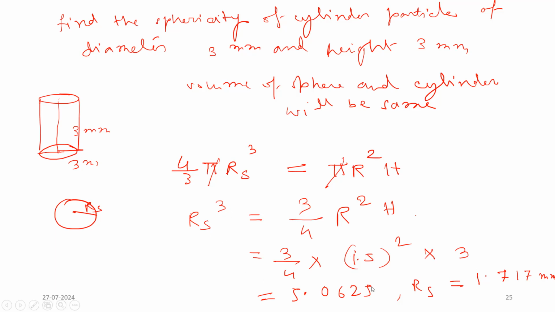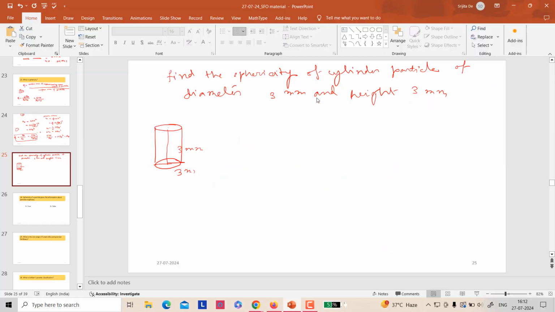So we are doing the cube root of 5.0625. Rs cube is 5.0625, so we take the cube root of it, and then it will give the radius value of the sphere. Use a scientific calculator.